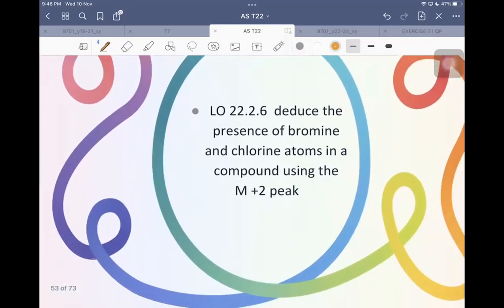Deduce the presence of bromine and chlorine atoms in a compound using the M+2 peak. M+2 means the peak has a difference of 2 units to your molecular ion. If it's M+1, the difference is 1 unit; M+2, the difference is 2 units. And later on, you will see M+4.